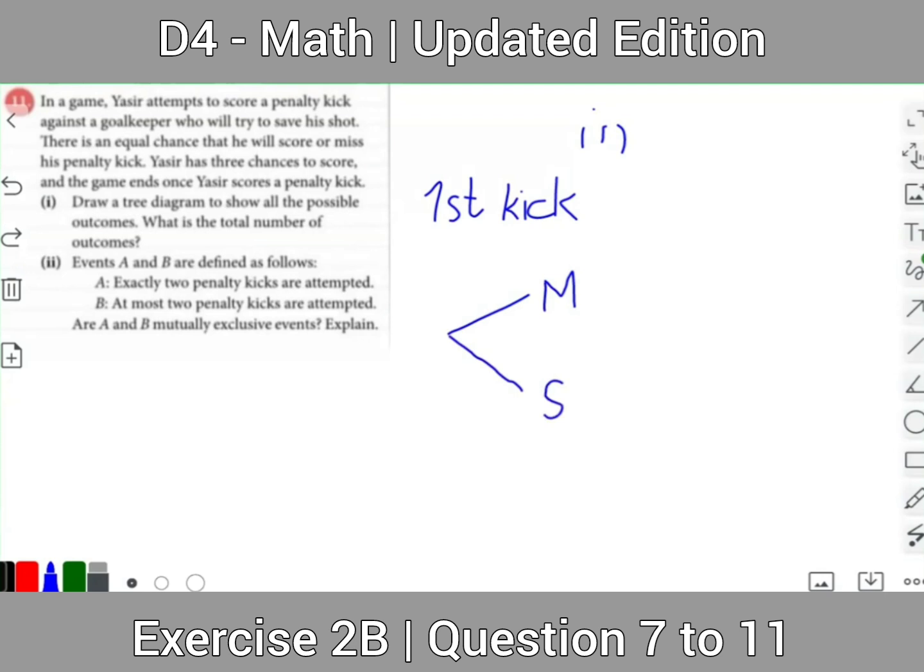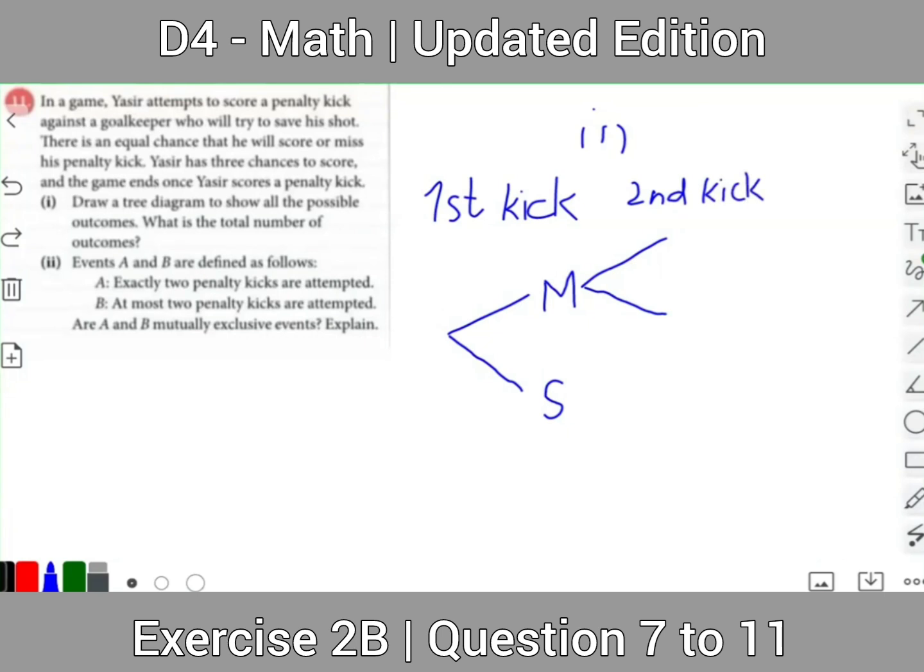Now M means miss the penalty kick, and S means score the penalty kick.